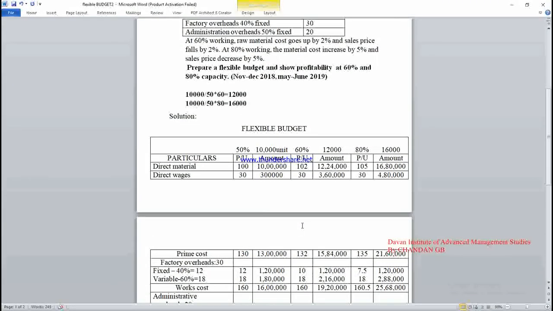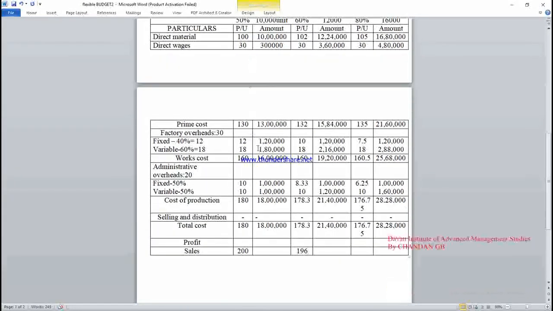Like that, for 80% working, the sale price decreased by 5 percent. 200 into 5 percent, the amount is 10 rupees. 200 minus 10 rupees, the amount is 190 rupees. Clear? 200 they gave for 10,000 units. Find out for 60 percent capacity and also 80 percent capacity. Clear?